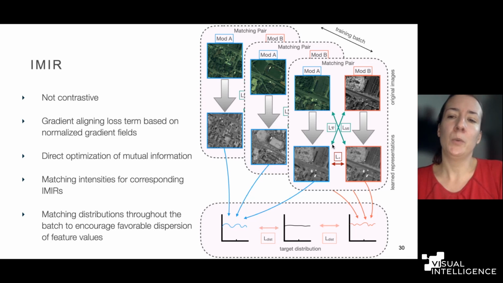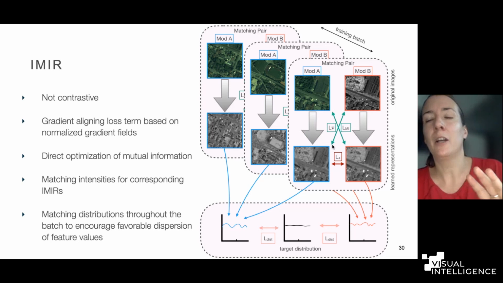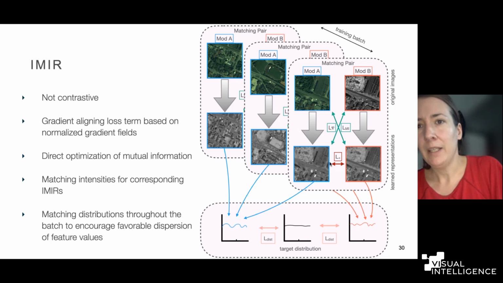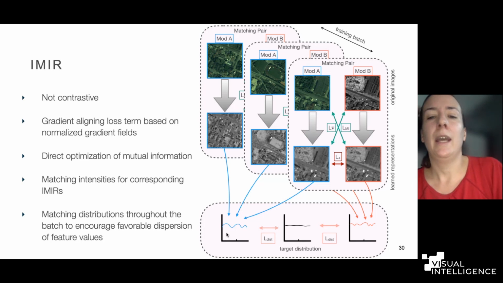And then to ensure that the features are actually retaining a lot of detail and not just default into a binary dark gray and light gray version, we also have a distribution matching term that is acting on the entire batch. So there I am basically taking the histogram of the intensities of all the pixels throughout the entire batch, and I want to spread them to a target distribution.